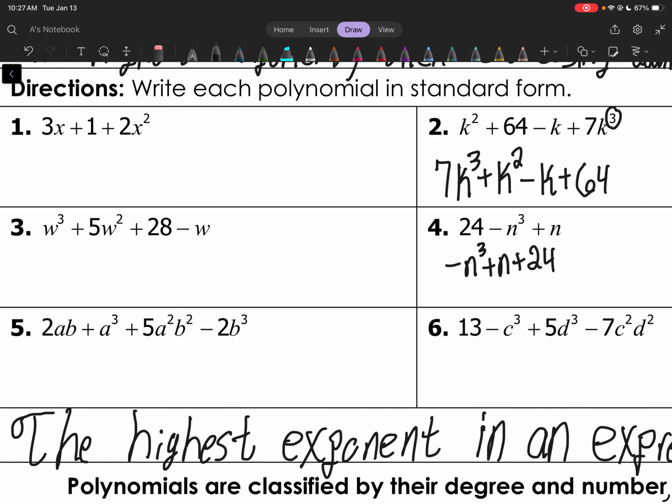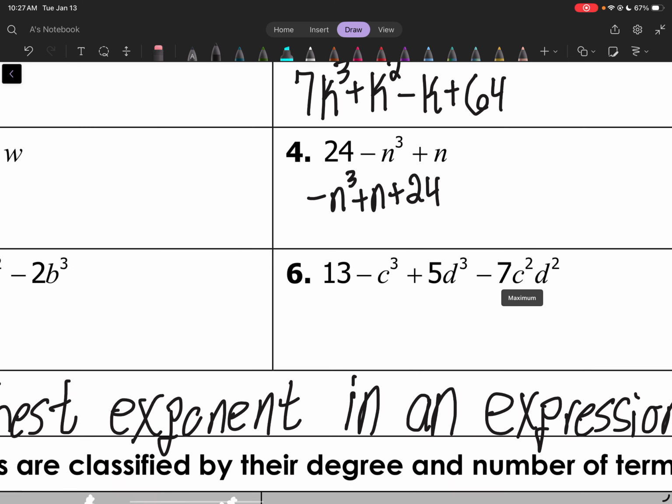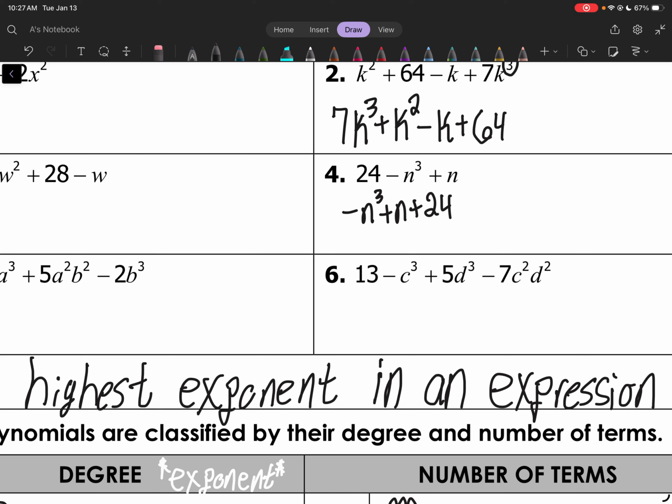All right, now normally I just show you the answer at the end. I do want to show you number 6 though and work it out with you, but I wanted you to try it first, just to see what you would do. So d to the cubed and c to the cubed are my 2 highest terms. It does not matter which one of these comes first as long as they're in sequential order. So they have to be one after the other.